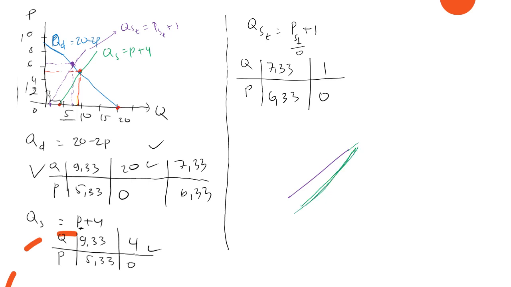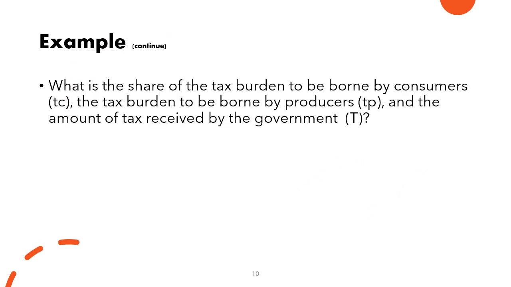That should be the very same slope, because the gradient is the same. It just shifted. Okay, so that's how you make the curve of the equilibrium with tax and without tax. So this is the additional question for the things that I've done before this: tax burden to be borne by consumers and producer, and also tax received by the government. Okay, next.